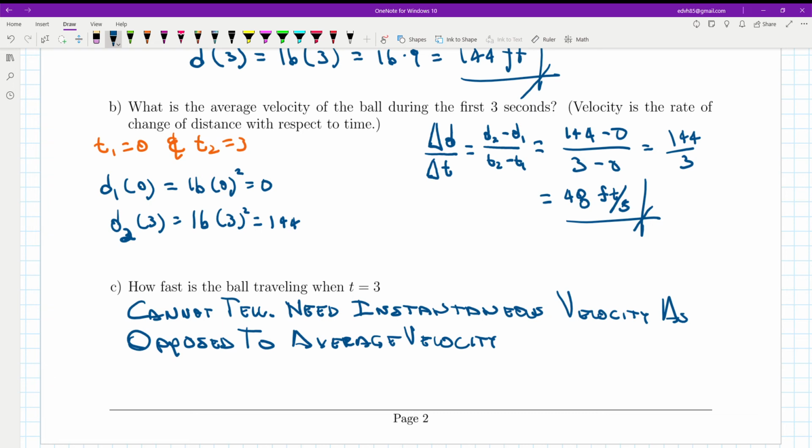We need to know how fast it's going at a specific time, and this formula is not going to help us find that value.